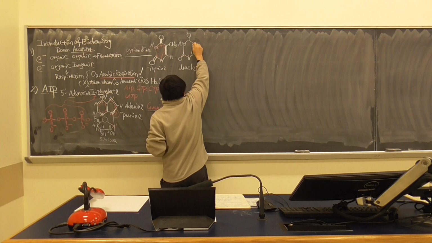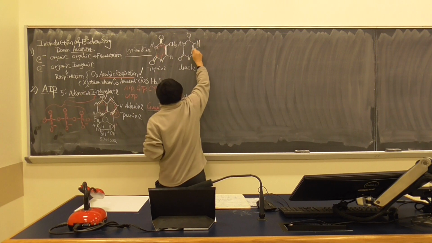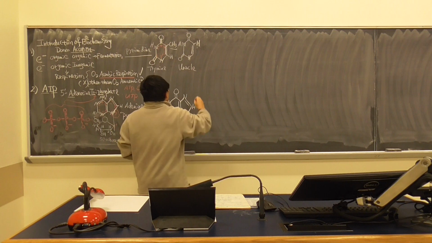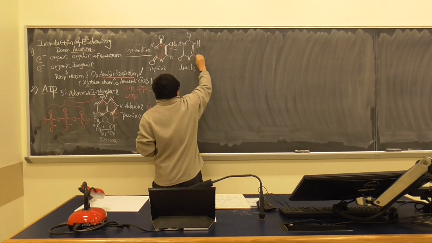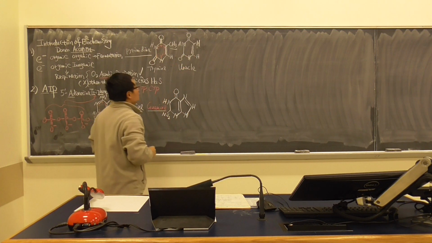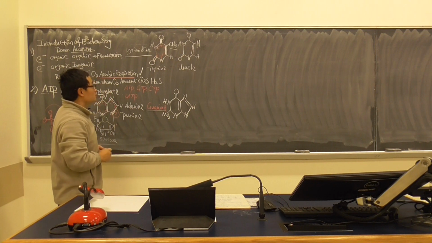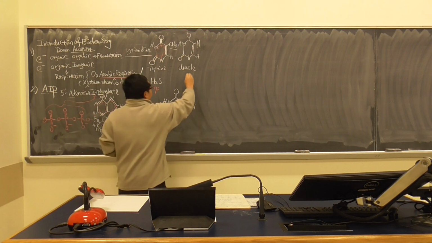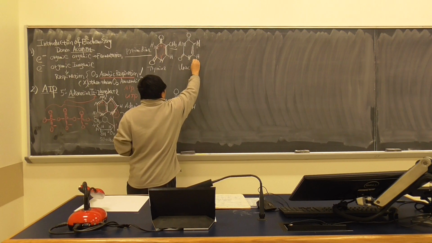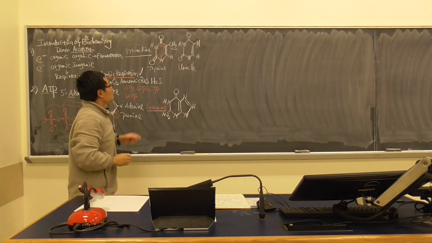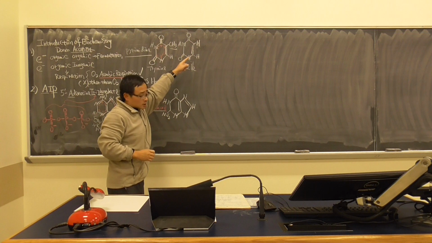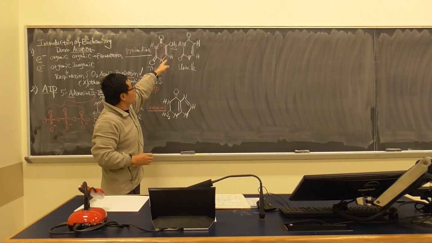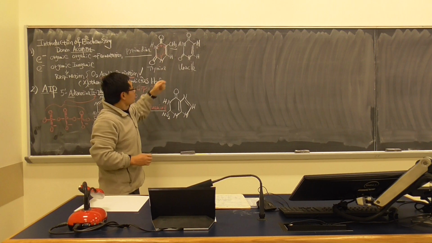The only difference is that instead of a methyl group, CH3, you have a hydrogen, which is a proton. So we call this uracil. The difference from thymine is a proton replaces methyl at an unimportant place.